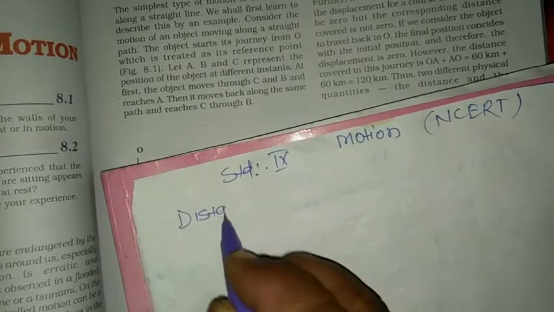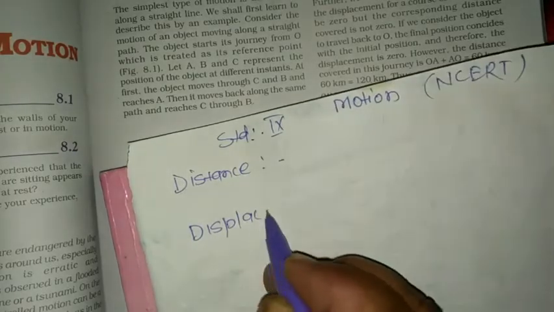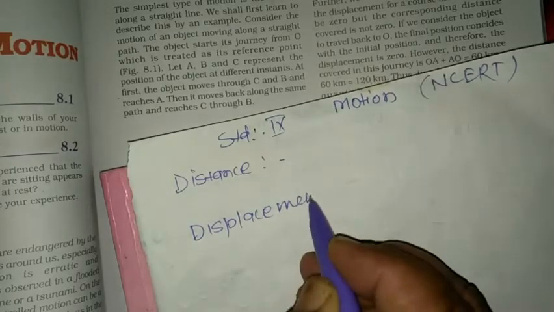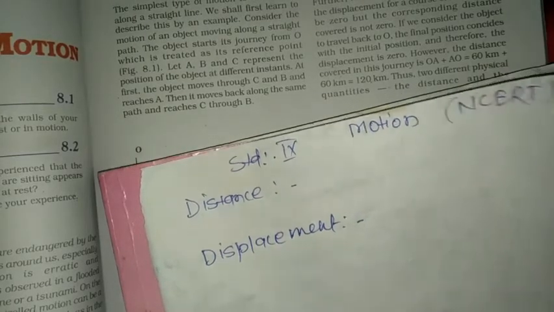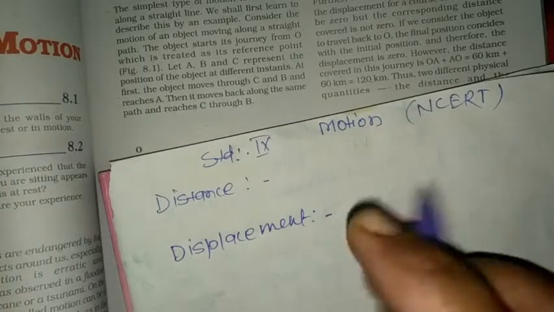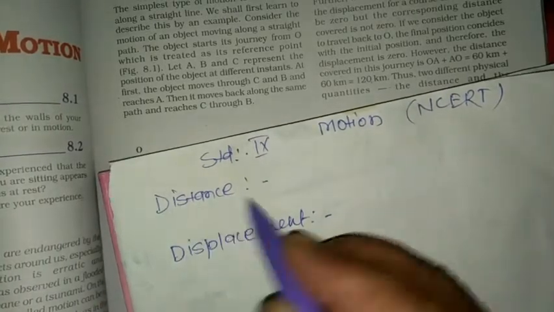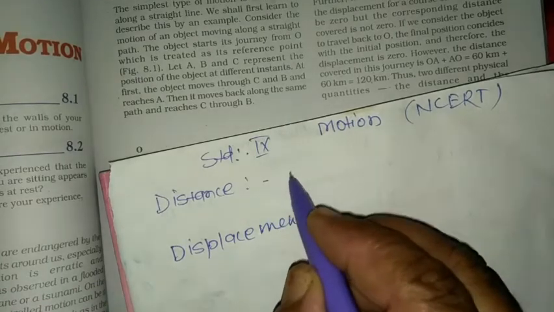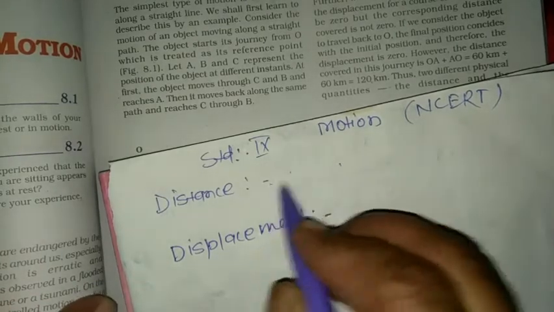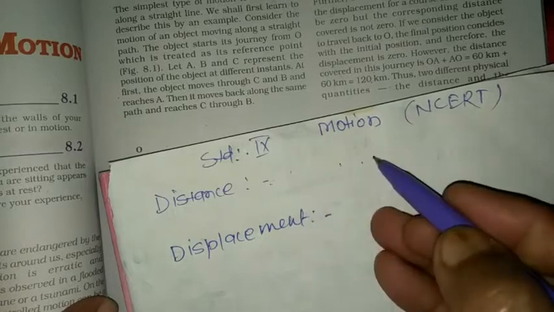In this point, it is described what is distance and what is displacement, and we have to find whether any difference is there or both are the same. Suppose distance: how can we define distance? The length of the path of travel of an object is called its distance.